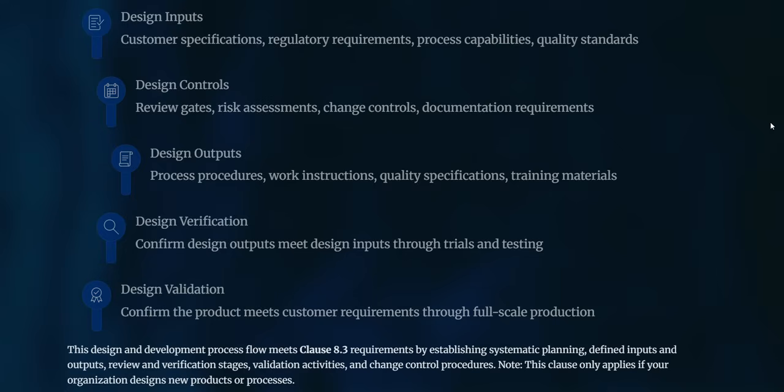Now, this design and development process flow meets clause 8.3 requirements by establishing systematic planning, defined inputs and outputs, review and verification stages, validation activities, and change control procedures. Again, we must note here, this clause only applies if your organization designs new products or processes.